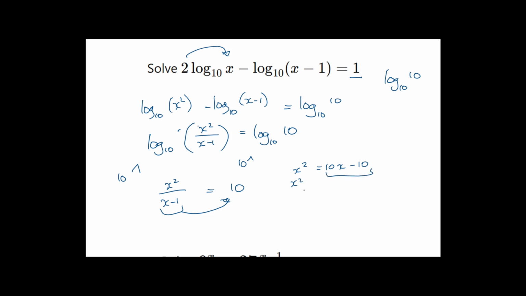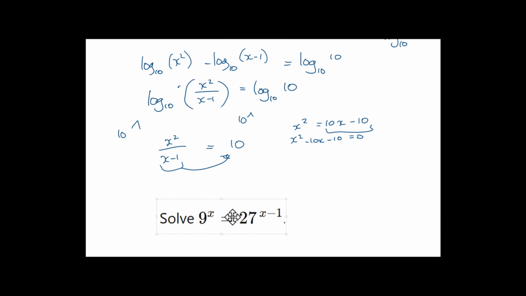Bring this back over, x squared minus 10x minus 10 equals 0, and that's not going to factorize. No, there's no two numbers that multiply to give us negative 10 and add to give us negative 10. So we're going to need to use the quadratic equation.